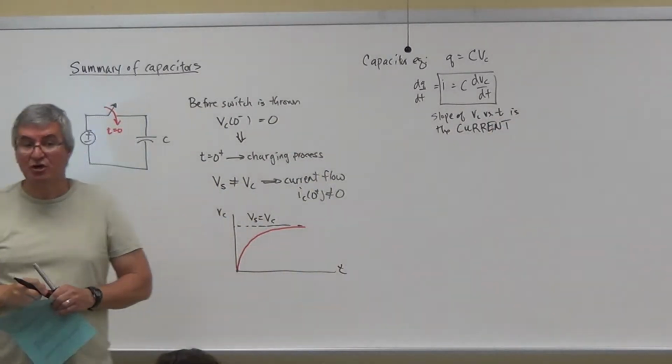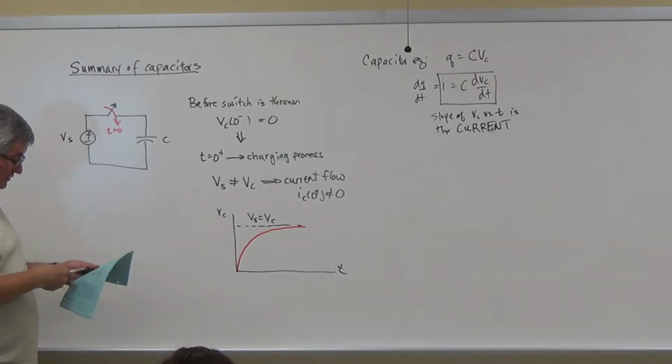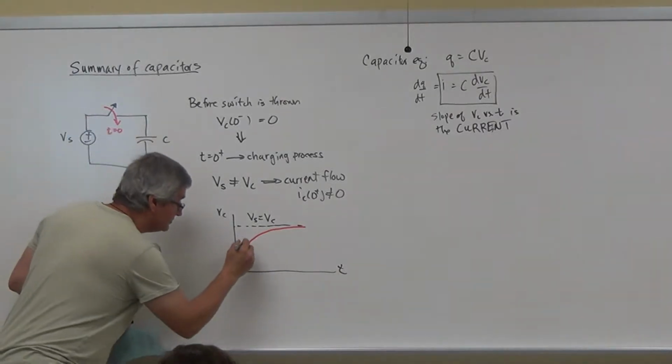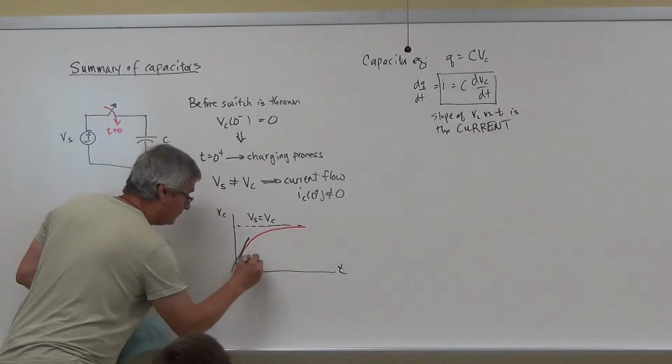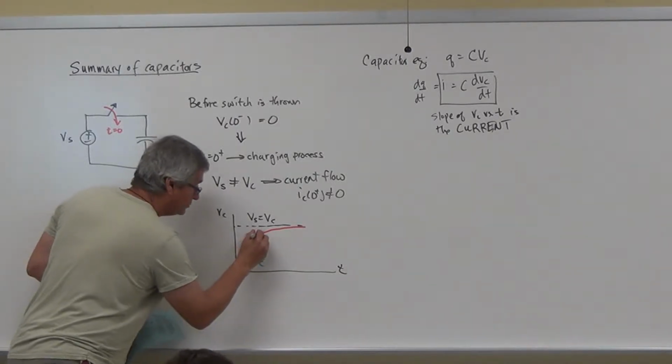So if I look at the slope of the voltage here, that represents IC.